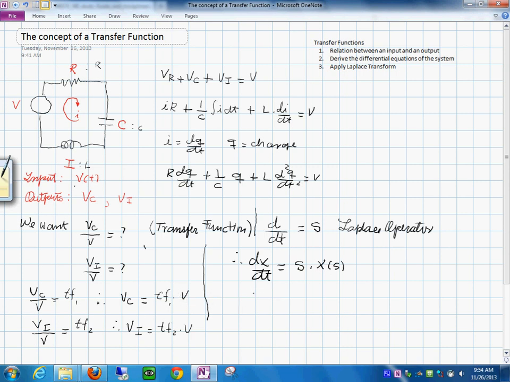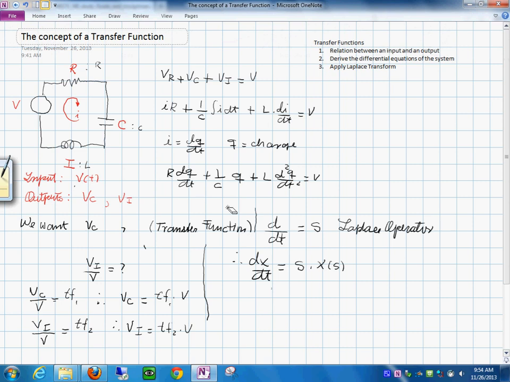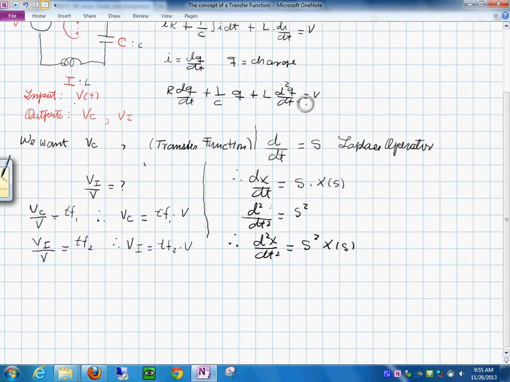If you have the second derivative, d squared x over dt squared of any function, this is s squared. Consequently, d squared x over dt squared is s squared times x of s. Having done this, we apply this Laplace transformation to this equation.